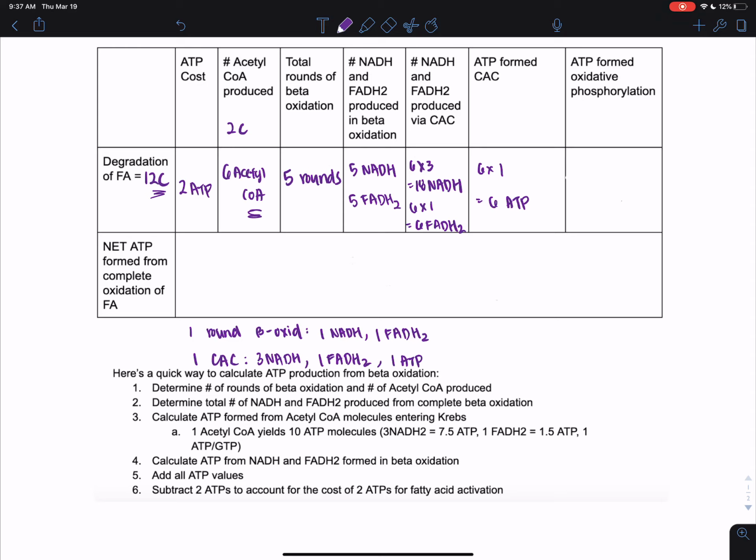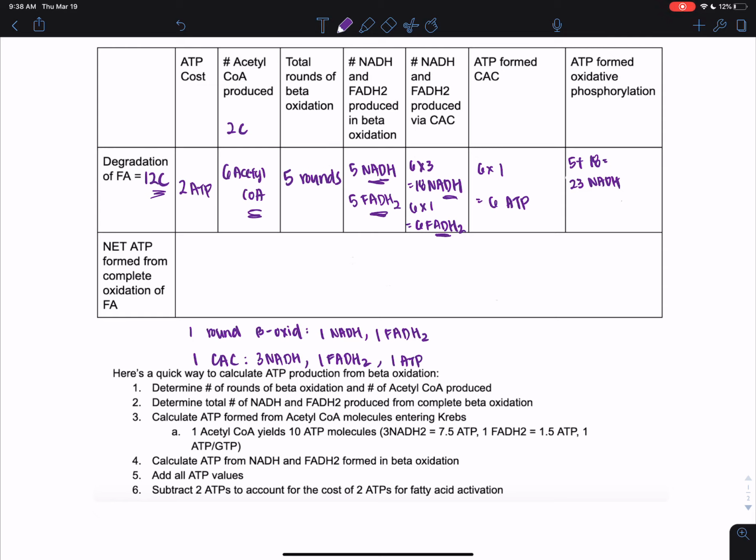Okay, so all of these NADH and FADH2 that you make, these electron carriers, they can go into the electron transport chain. And that's where you'll be generating the majority of the ATP that you make. You can just count up however many NADH and FADH2 that you made. So we have 5 plus 18, and that will give you 23 NADH.